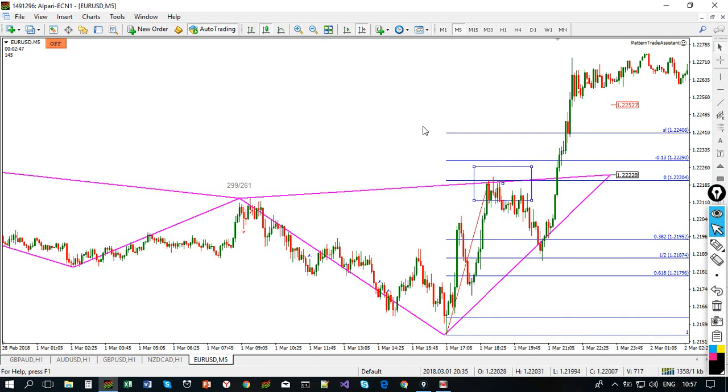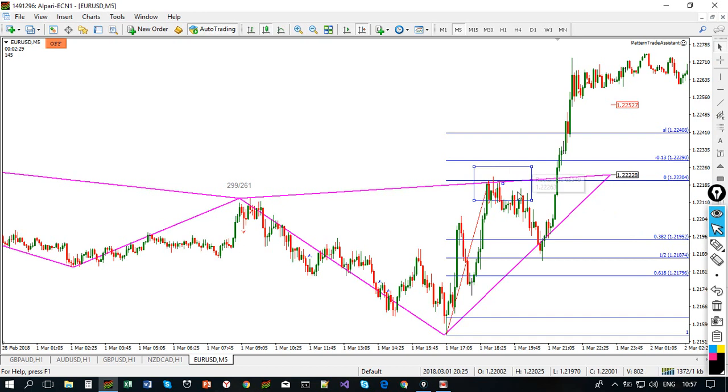So this way we always have that risk to reward being positive. The stop loss is that, take profit is that. Very simple. One entry, one in, one out.